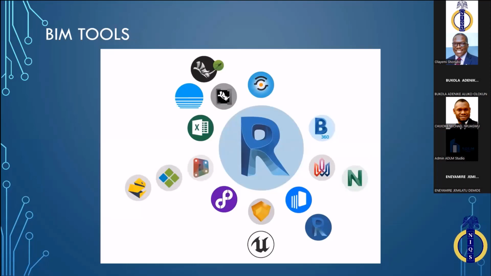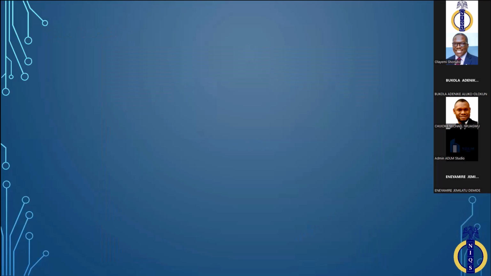So every software that will be covered during the course of this program is very, very important. You can't use one without the knowledge of the other to make sure you are BIM compliant as a construction professional. Okay. Now we understand this is just the basics of what BIM is all about.